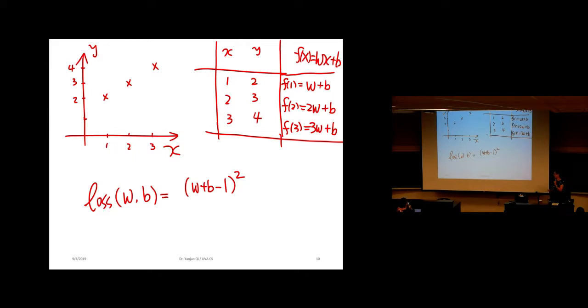Question about this? Oh, yeah, sorry, it's minus 2. And then you do another point: plus (2w plus b minus 3) squared, plus (3w plus b minus 4) squared. You try to minimize this loss function, and that gives you the best w and b to fit your data.